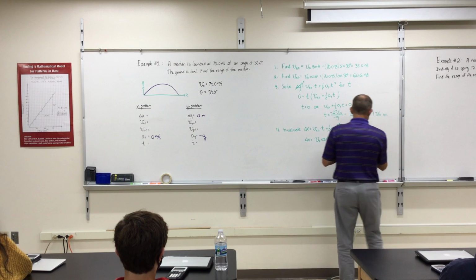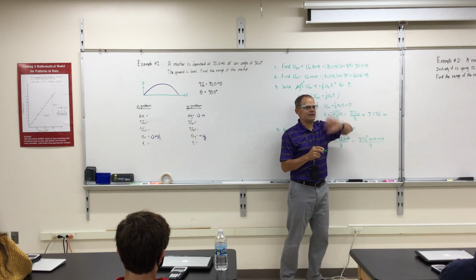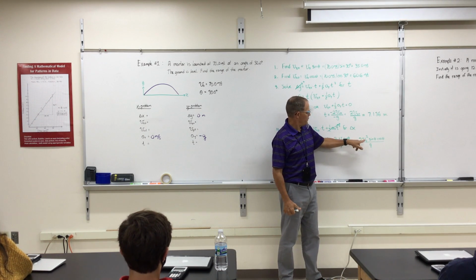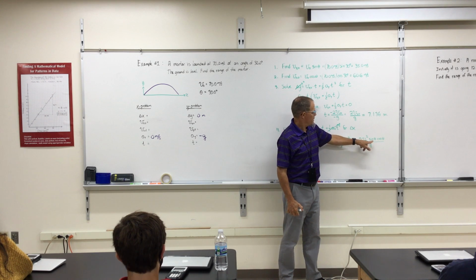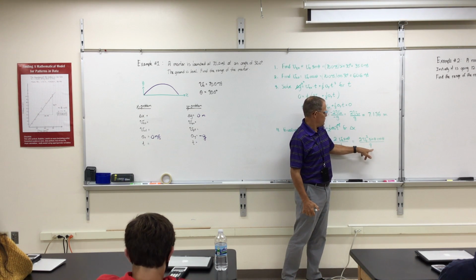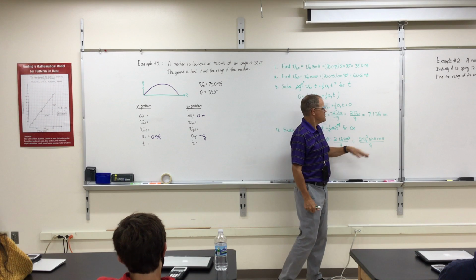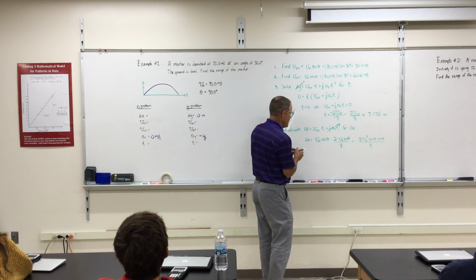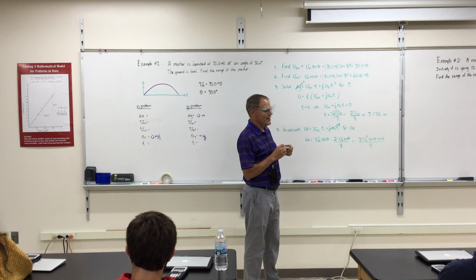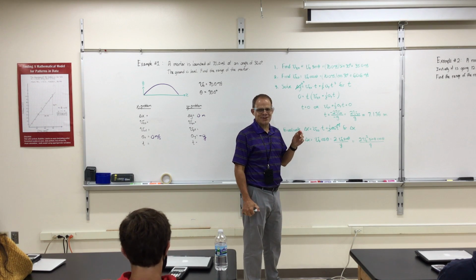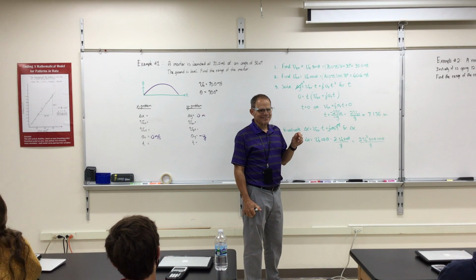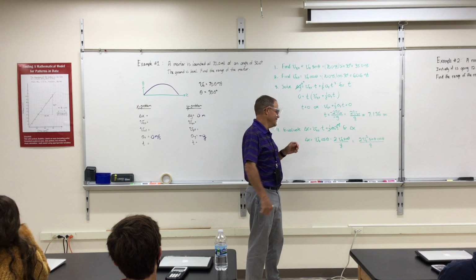We call this the range equation. If you want to know how far a projectile is going to go, take 2 times the launch velocity squared times the sine of theta times the cosine of theta divided by g. And just because trig is fun, anybody remember the trig identity for the double angle formula for sines and cosines? No? Oh darn.